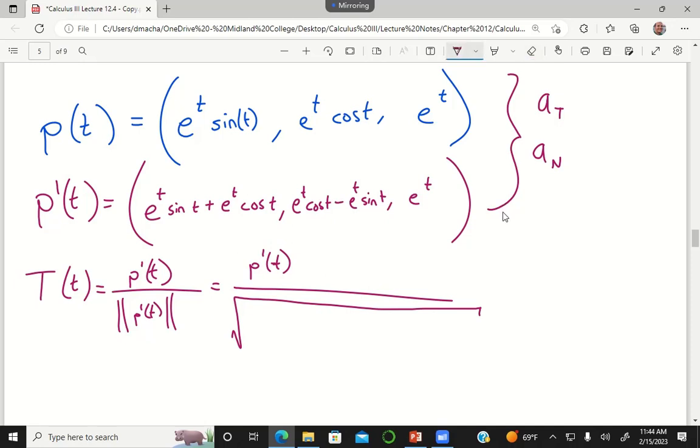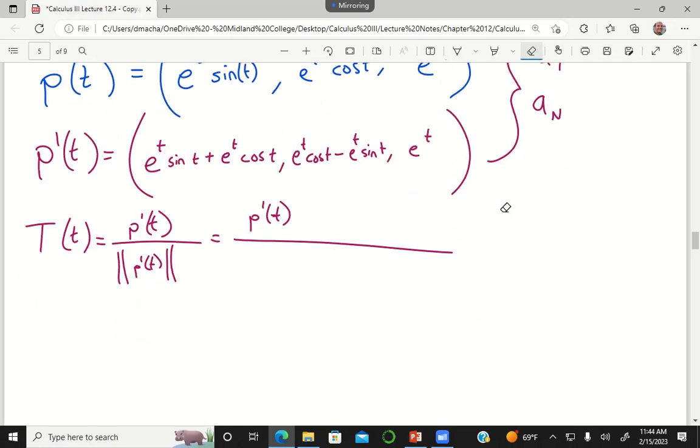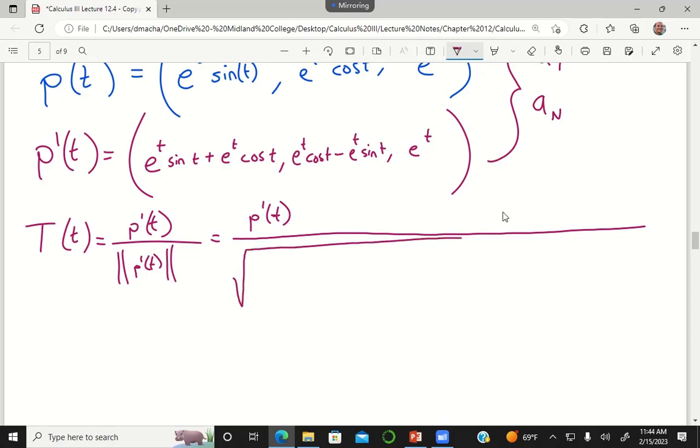Thank you. Yeah, that's important. Good catch. So the norm here is going to be the square root of every component squared and then all added together. So if I square the first component, that's going to give me e^(2t) sine squared t plus 2 e^(2t) sine t cosine t plus e^(2t) cosine squared t.